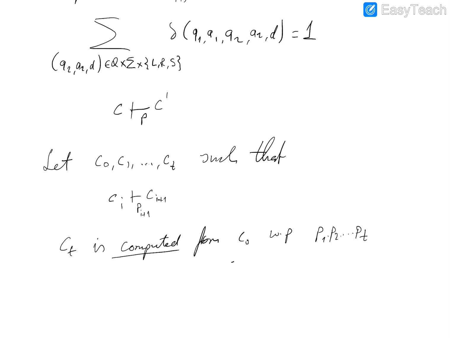And of course no Pi can be 0 in this case, so this is non-zero. And the sequence of yields starting from C0 ending with Ct is a computation of a probabilistic Turing machine.